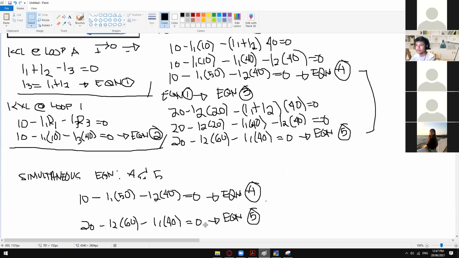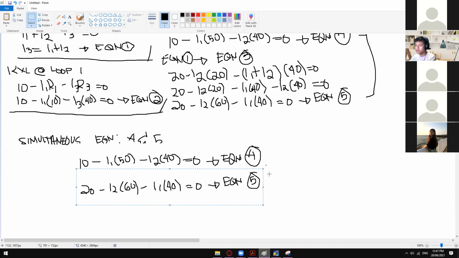Then I will combine those two, as if we're going to add them. We could add them already, but before that, we have to multiply by a certain value so that we can eliminate one variable. Let me arrange this so that I2 and I2 are aligned with each other, and I1 and I1 are aligned with each other.